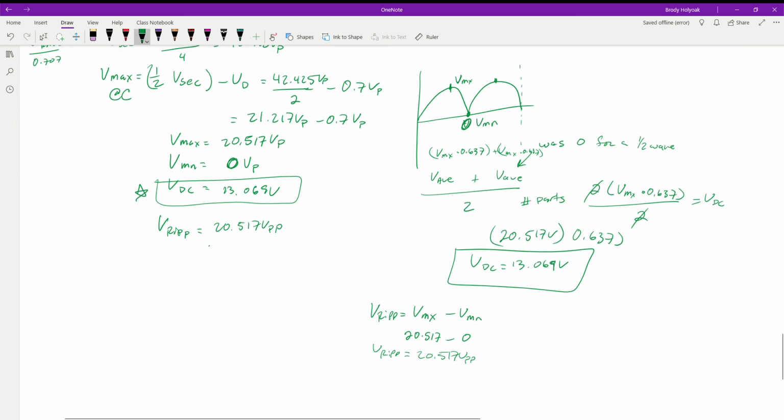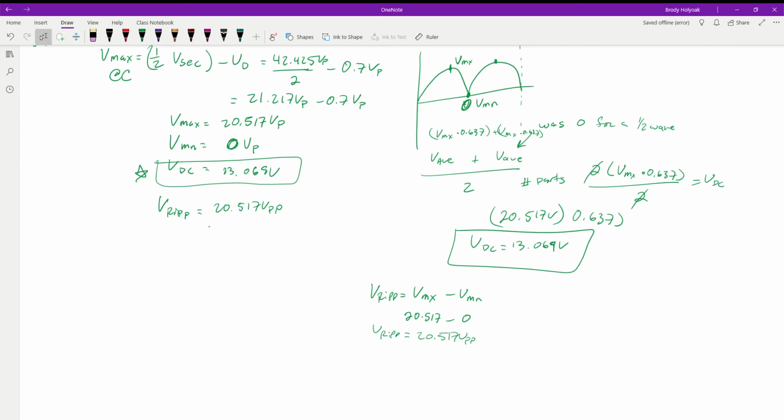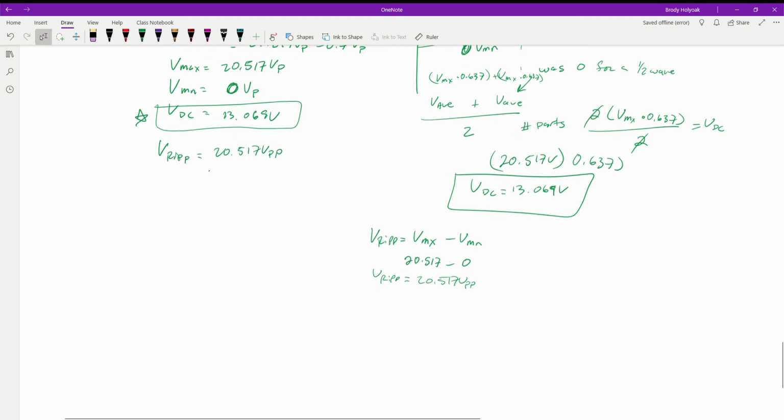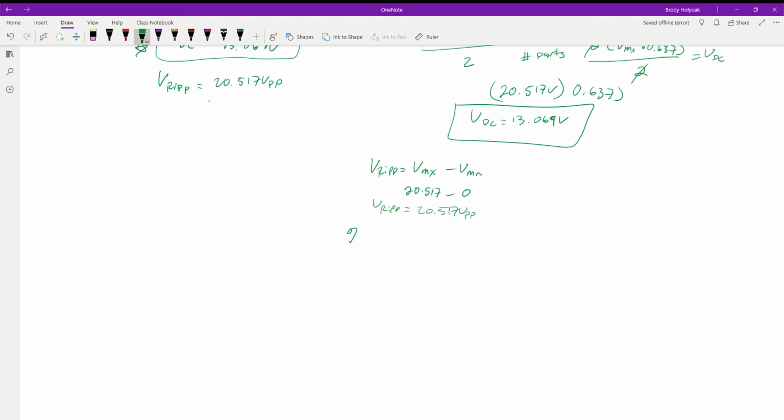Now, the last part of the power supply: now that we have our AC and our DC portion, we want to find out what the ratio of this is, and this is what we call our percent ripple. Percent ripple is equal to the voltage ripple in peak to peak divided by 2 root 2, divided by the voltage DC.